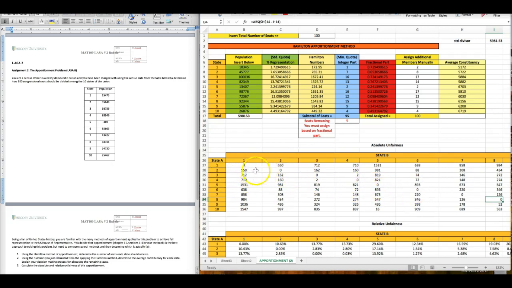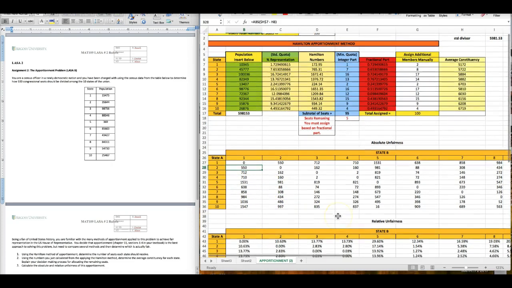Comparing state 1 and state 2, absolute unfairness is just the difference between the average constituencies. This number represents how many more people the state with the higher average constituency is working for compared to the state with the lower average constituency.